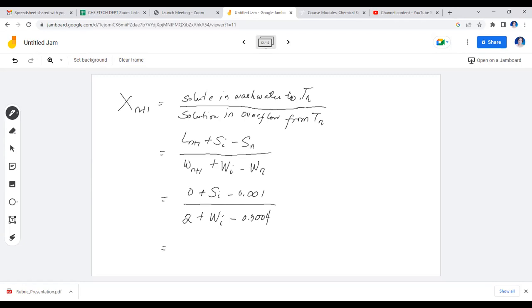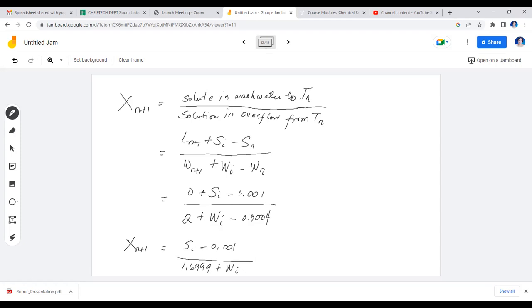Now simplifying further, you will have S sub I minus 0.001 divided by, I did not anymore subtract it, so that would be 2 minus 0.3004. Okay, you have 1.6999 plus W sub I. This is your X sub n plus 1.